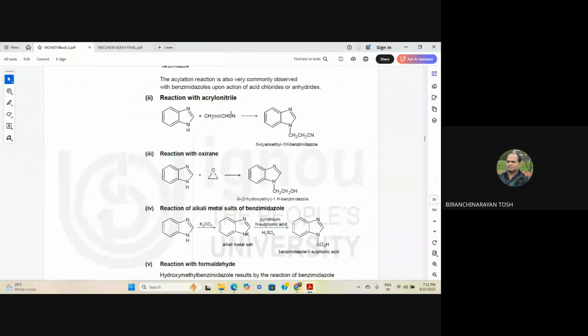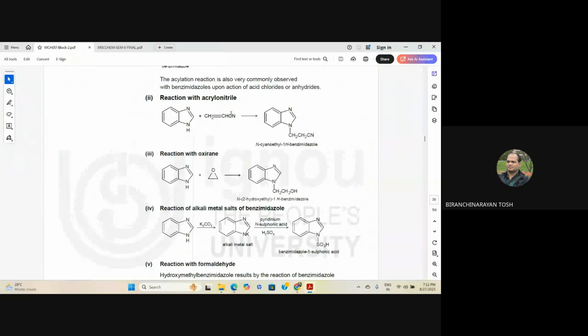So now moving towards the reactions. Both 1-alkyl and 1,3-dialkyl benzimidazole can be prepared. When it reacts with alkyl halide at 90 to 100 degrees Celsius, at nitrogen the hydrogen will be substituted.